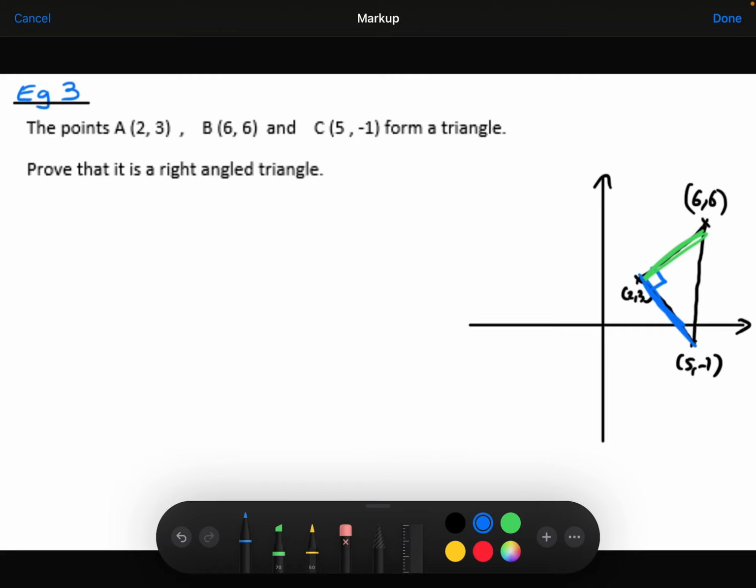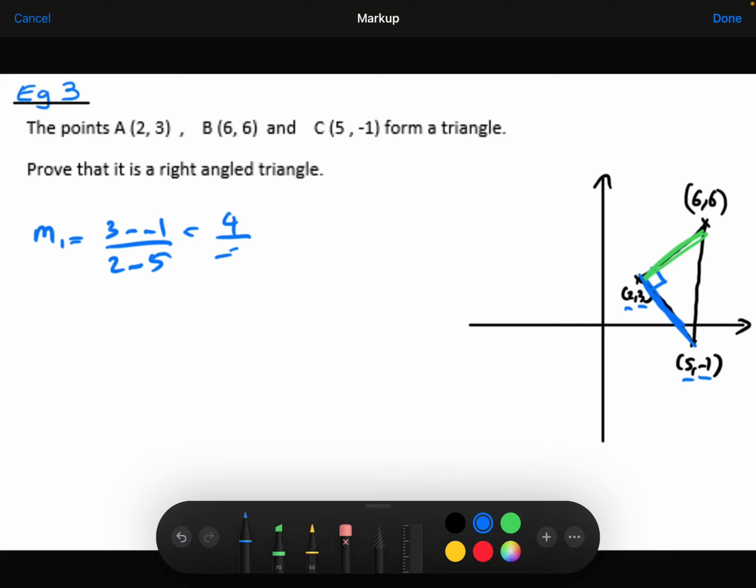So the gradient of the blue line, I'll call it m1. Change in y divided by the change in x. So change in the y, 3 minus -1, divide by the change in the x, 2 take away 5.